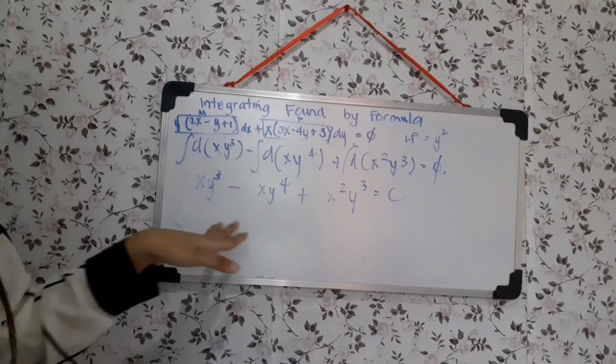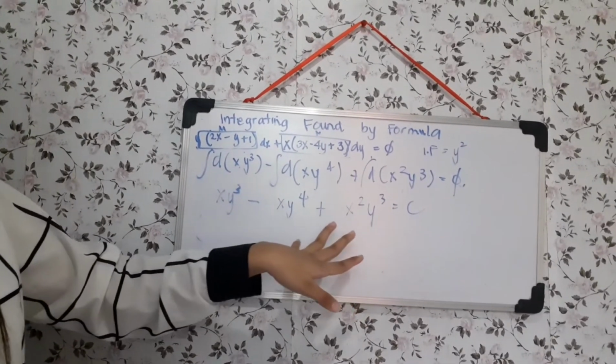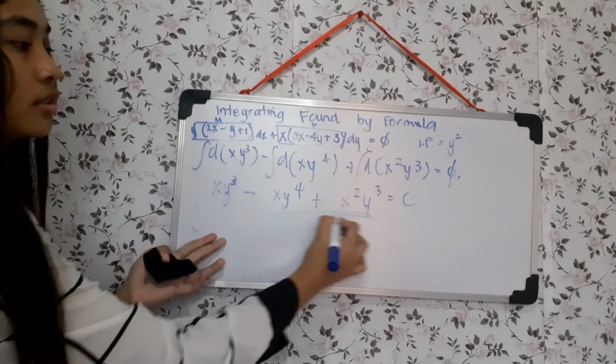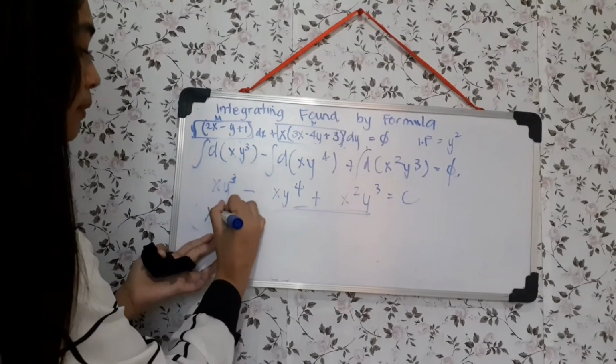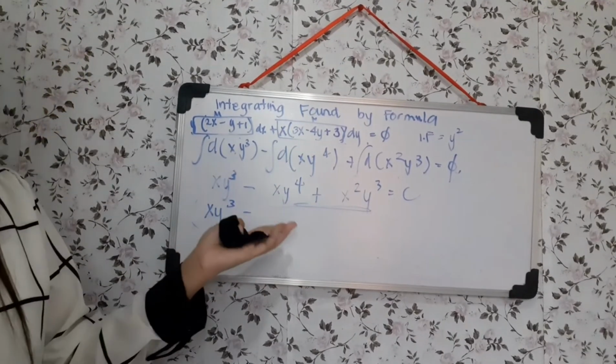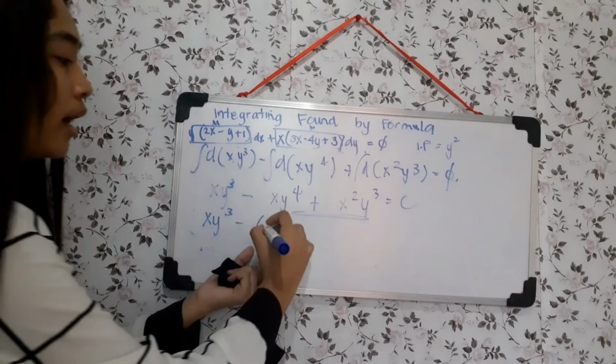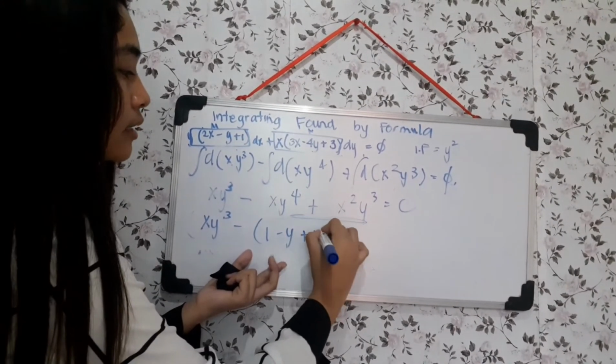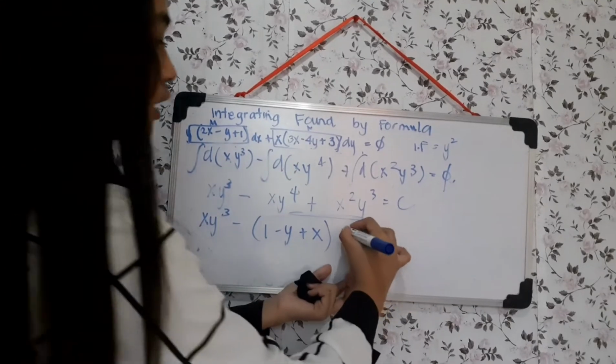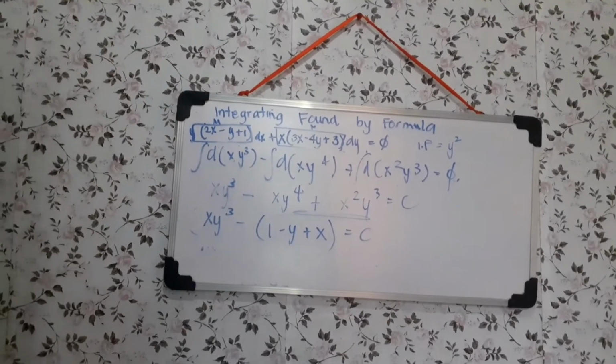Now we will factor it out. So simplify, so it becomes xy cubed times (x minus 1 minus y plus x) is equal to c.